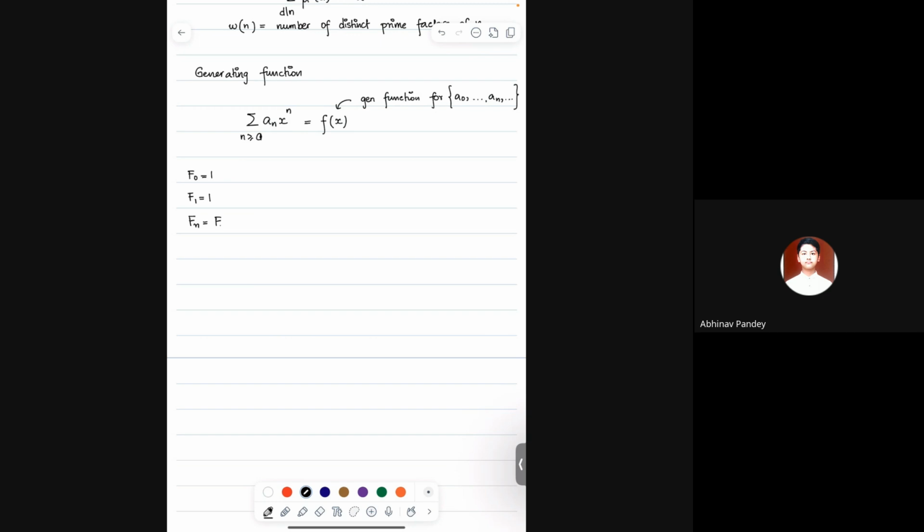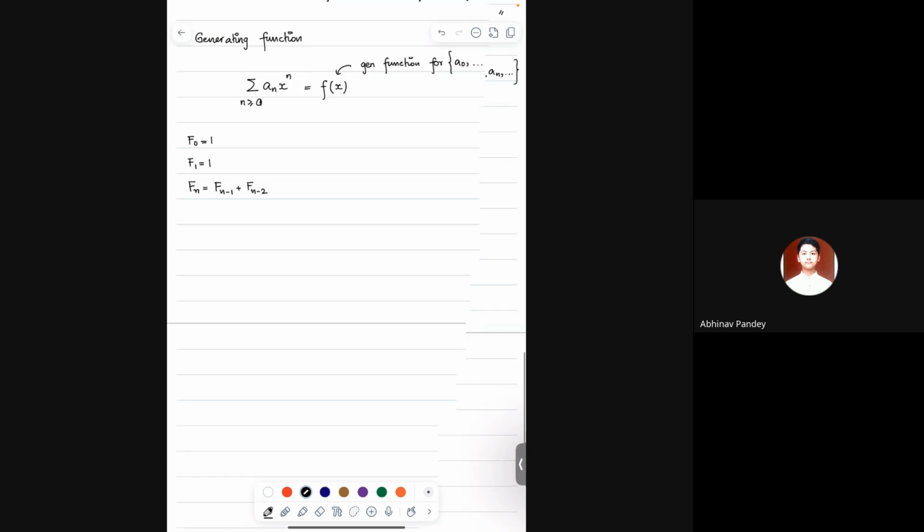So f(2) is 1 plus 1, that's 2. f(3) is f(1) plus f(2), so that's 3. f(4) is f(2) plus f(3), that is 5. But this is how a Fibonacci number works.